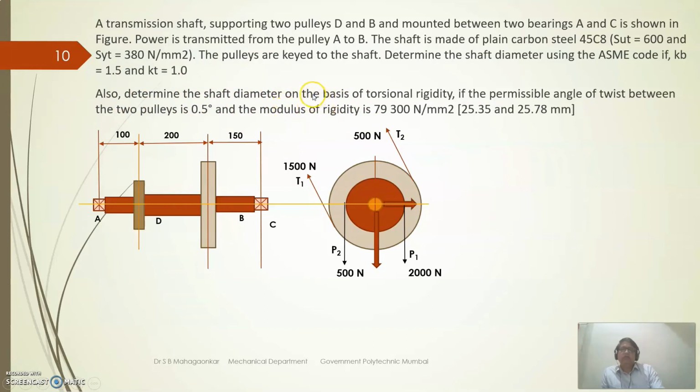That means you know this equation: MT upon J, where MT is the moment due to the torque, J is the polar moment of inertia, pi d raised to 4 upon 32, is equal to G into theta upon L, where theta is the angle of twist and L is the length. So that is the second part, based on rigidity.